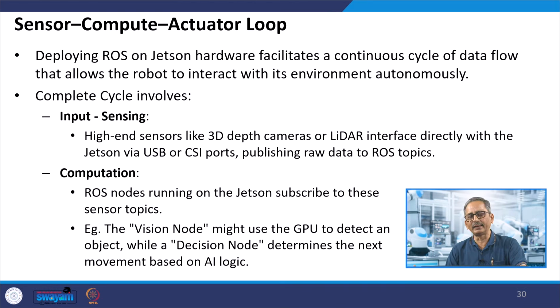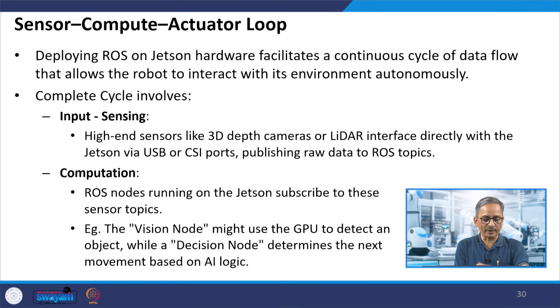Next is another very important aspect in ROS, that is the sensor, compute and actuator loop. You get data from the sensor, do the computation and pass on the instruction to the actuator. Deploying ROS on Jetson hardware facilitates a continuous cycle of data flow that allows a robot to interact with the environment autonomously.